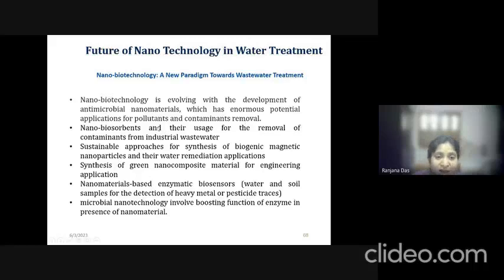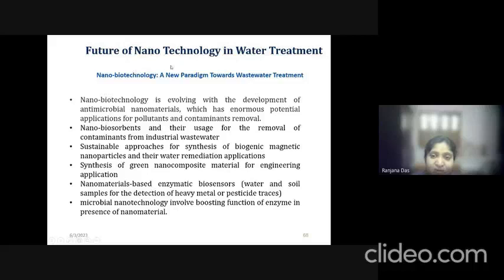You can design the nano bioabsorbent. You can design sustainable materials, that is plant-based nanomaterials you can use for remediation purposes, synthesis of green nanocomposite materials, nanomaterial based enzymatic biosensors we can design, that is biosensing, where the enzyme system is sensing the contaminants, and obviously some microbial nanotechnology will help the function of the enzyme in presence of the nanomaterial.